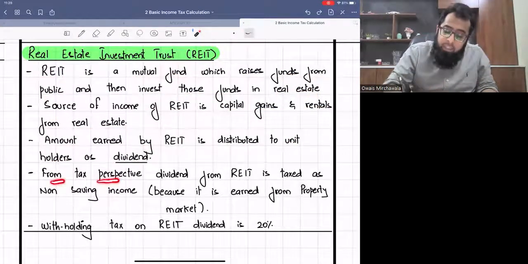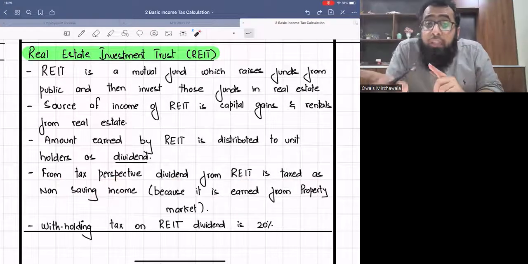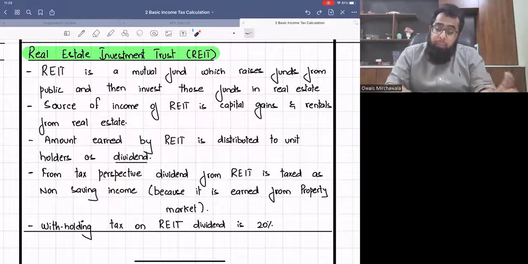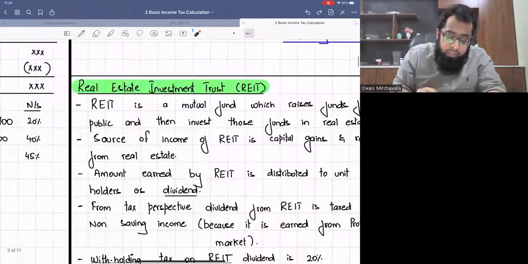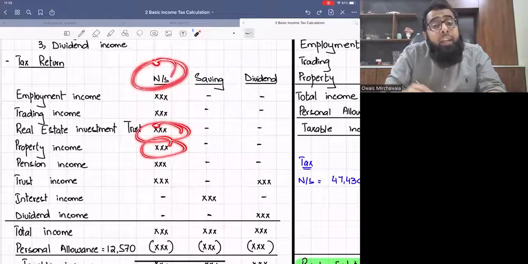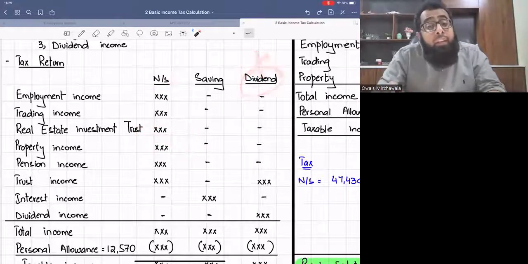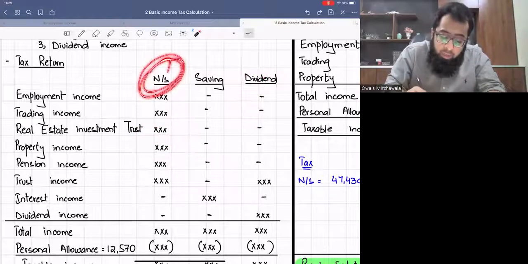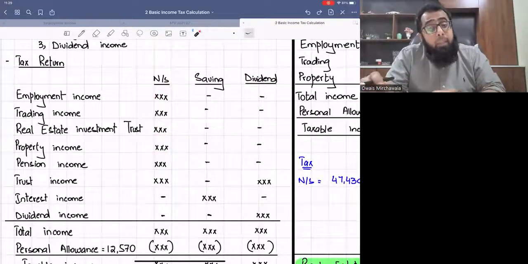From tax perspective, dividend from REIT is taxed as non-saving. It is taxed as a normal income. It is not taxed as a dividend income because the tax department says that it is earned from property market. So we will treat it like a property income. We will tax it under the head of non-saving, not under the head of dividend.